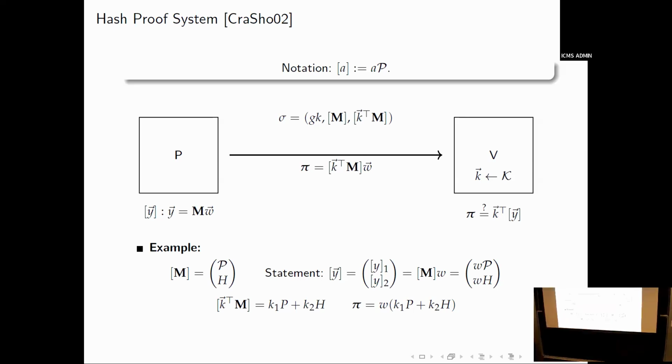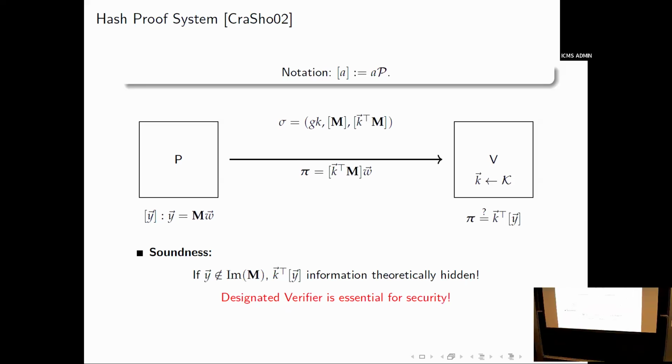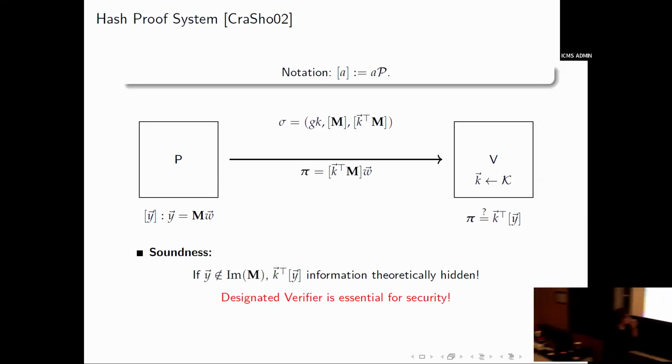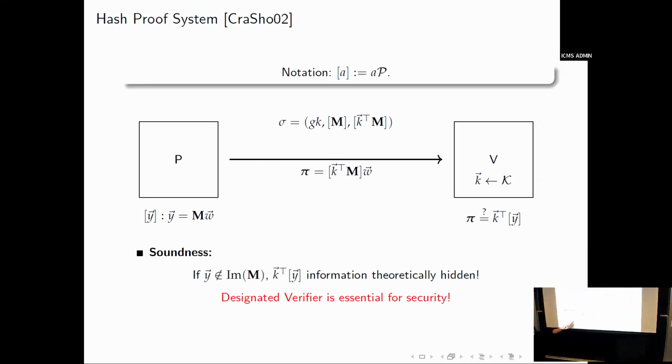Okay? What I'm interested in here is the soundness. The main idea for soundness is that if you have something that is not in the image, the proof that the prover has to compute is information theoretically hidden. Why? The idea is the prover only sees the projections of the columns, no?